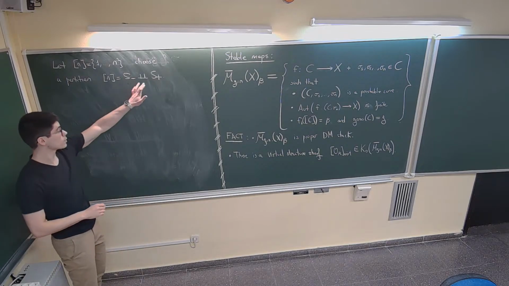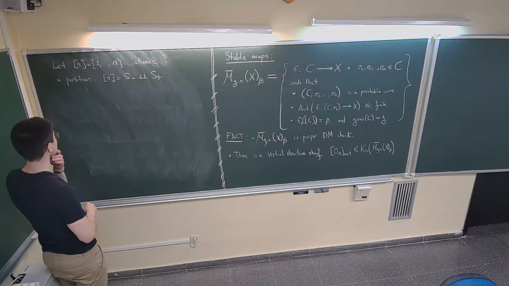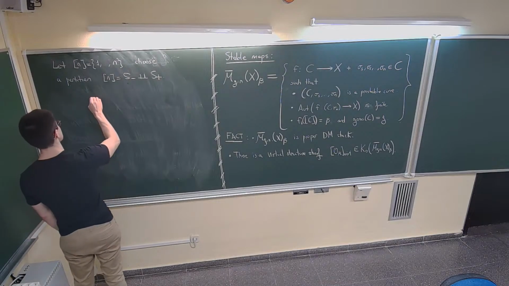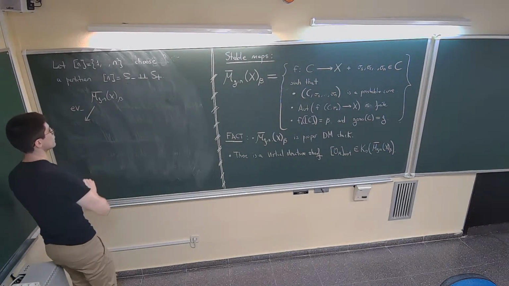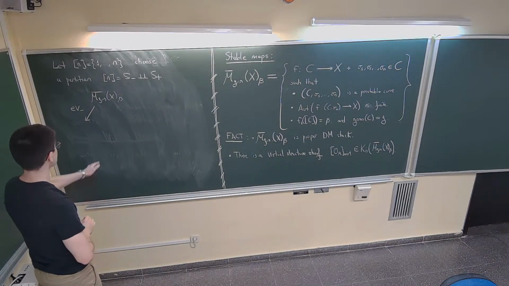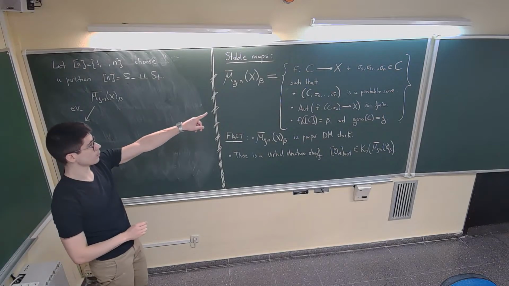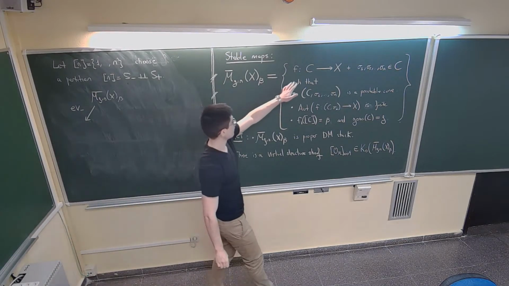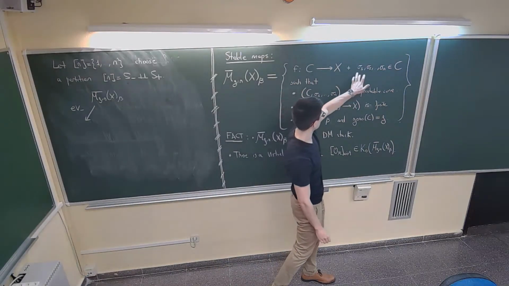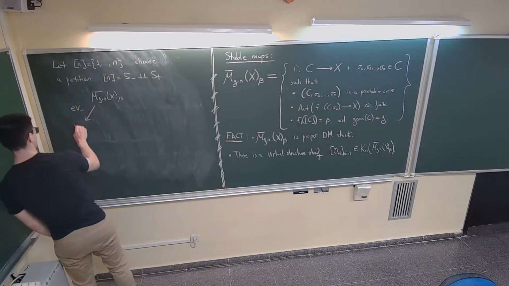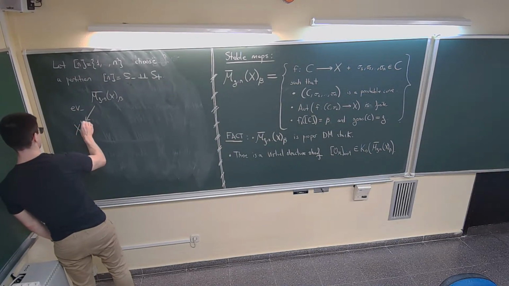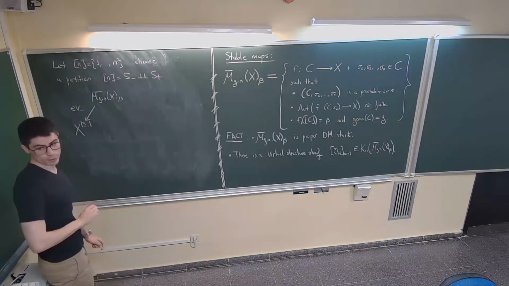Then I have 2 evaluation morphisms. I have this moduli space, and I have the evaluation at the minus markings. This takes the morphism C to X and evaluates it at the markings corresponding to the partition S minus. So that gives me cardinality of S minus many points in X.